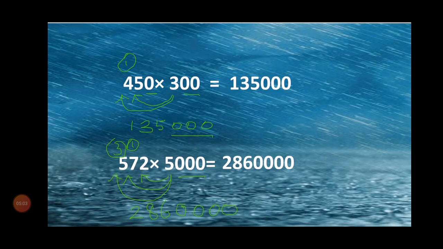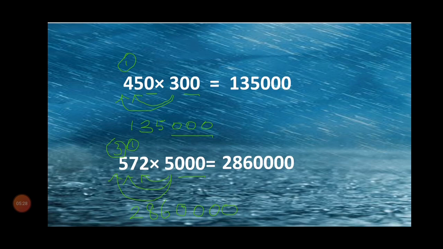So 35 plus 1, 36. So write 6 and write 3 as a carry to the next number. Then 5 into 5 how much? 25. 25 plus 3, 28. So 2860 you got. And finally you have 3 zeros separately that you want to write with the answer.